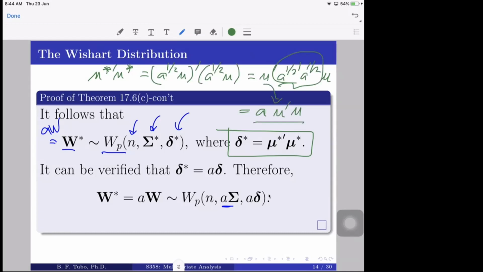So that is equal to a delta, which is this one. So your W star, which is actually a W, is Wishart with these parameters.